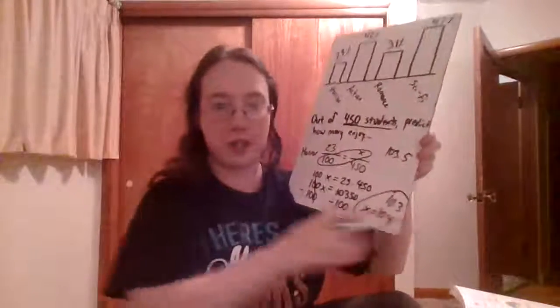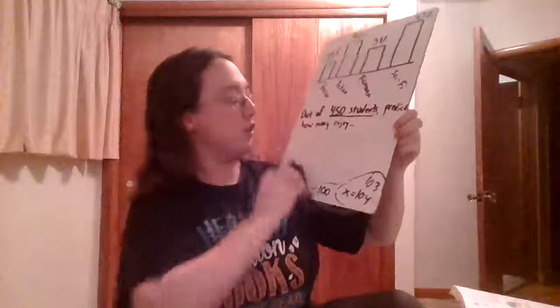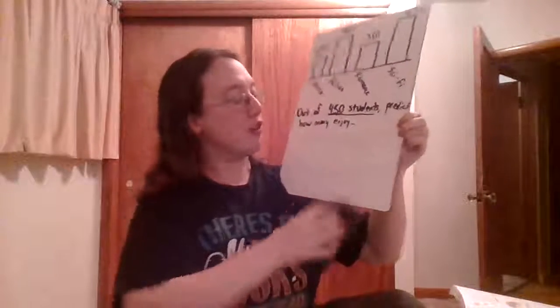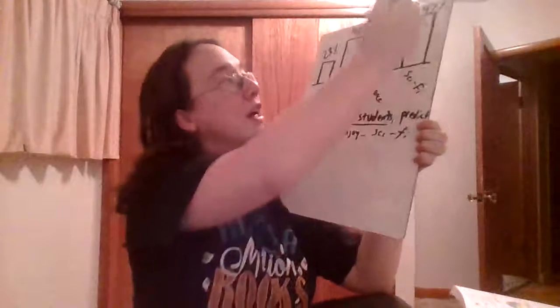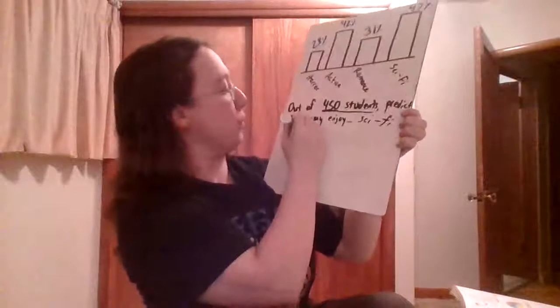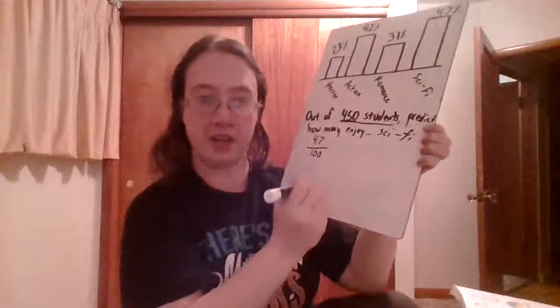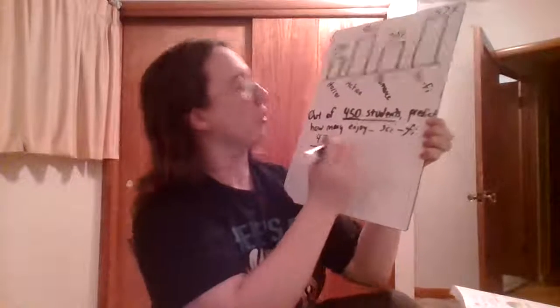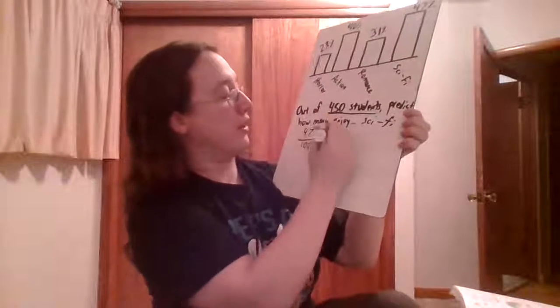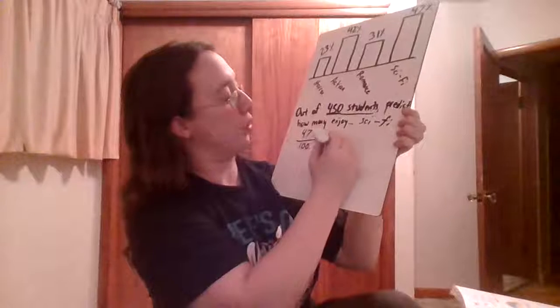Okay. Now we're going to do the same thing, but with sci-fi. So I'm just going to get rid of this one. I want to know how many would enjoy sci-fi. Well, we got sci-fi is 47%, so 47 out of 100, because percents are always out of 100, equals, and we want to figure out how many that would be out of 450.